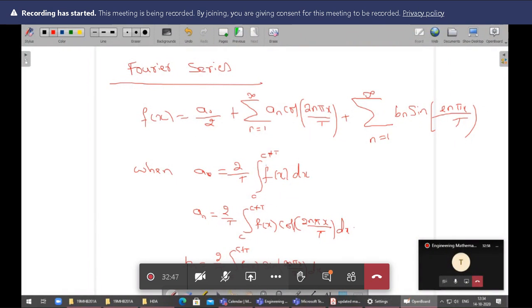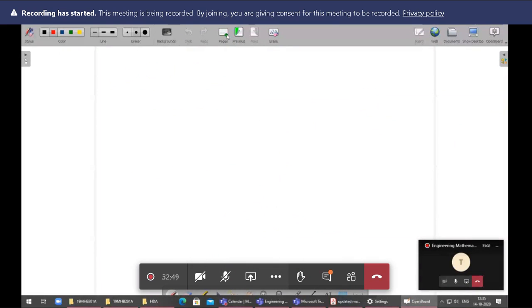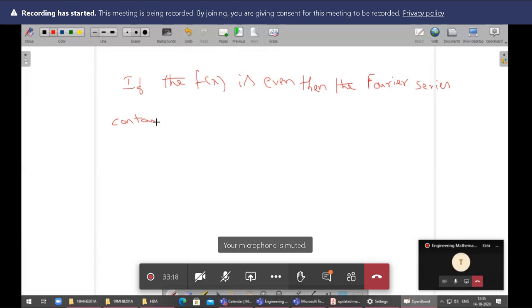So if the function f of x is even, then the Fourier series contains only cosine terms.